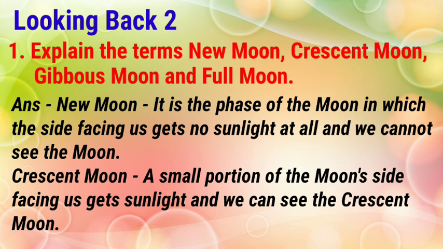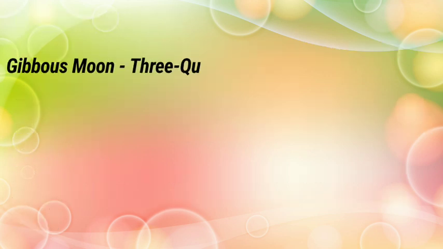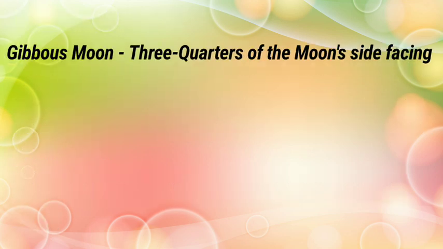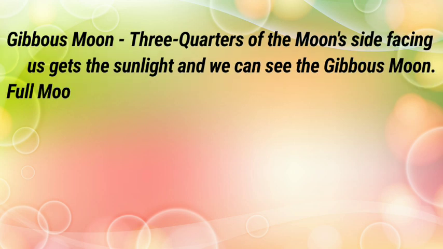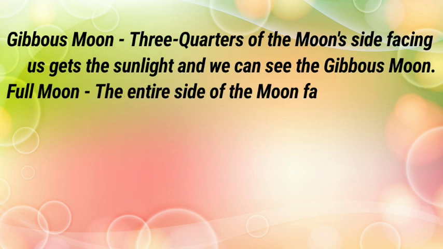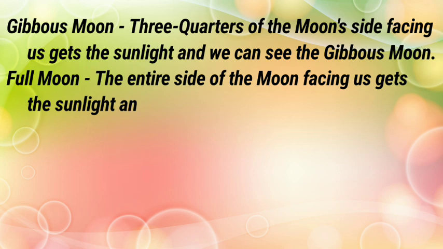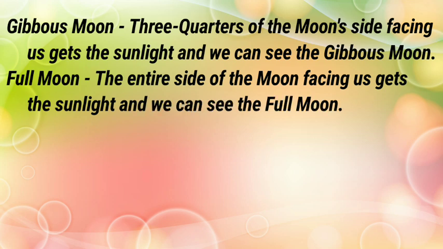A small portion of the moon's side facing us gets sunlight and we can see the crescent moon. Gibbous moon. 3/4 of the moon's side facing us gets the sunlight and we can see the gibbous moon. Full moon. The entire side of the moon facing us gets the sunlight and we can see the full moon.